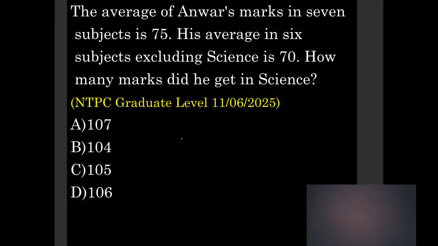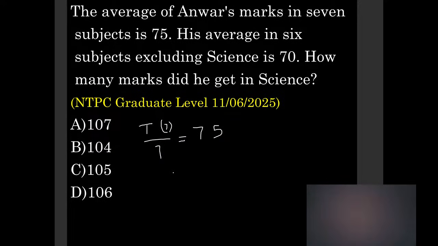Average equals sum by total. So, average in 7 subjects equals 75. Sum of 7 subjects by 7 gives you 75.